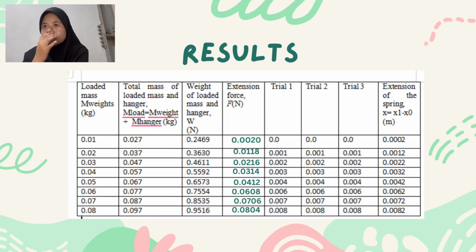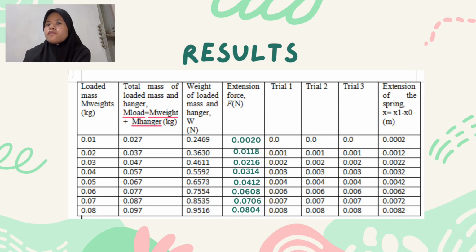After you obtain the extension force, you can plot the graph of extension force F against extension x, and the gradient represents the spring constant, in N per meter. This is the graph that we obtained based on the result.